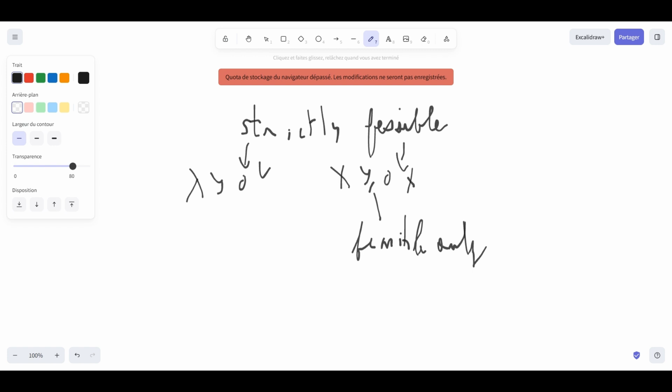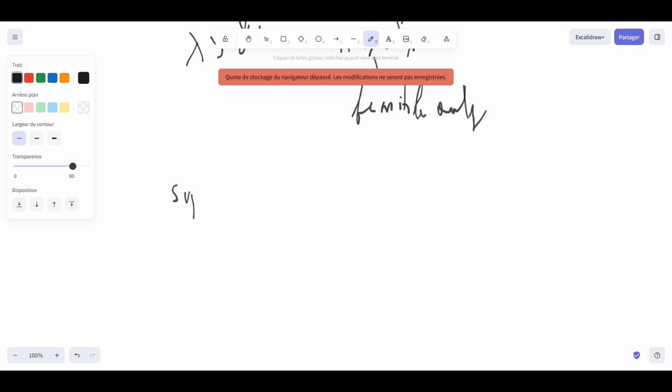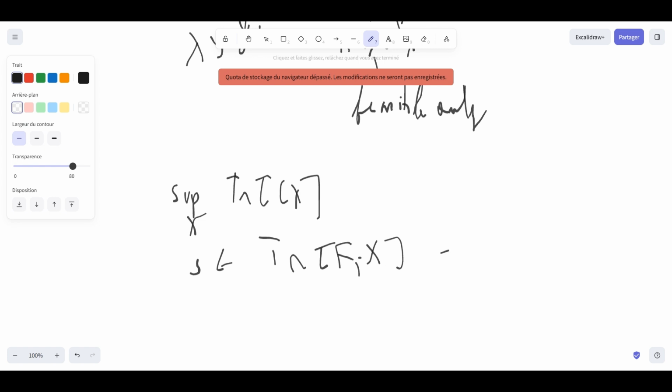But yeah, let's go through an example. So let's take the standard form that we saw a lot by now: sup over x of trace of x such that trace of F_i x is inferior to a_i, and x superior to 0, to make it positive definite.